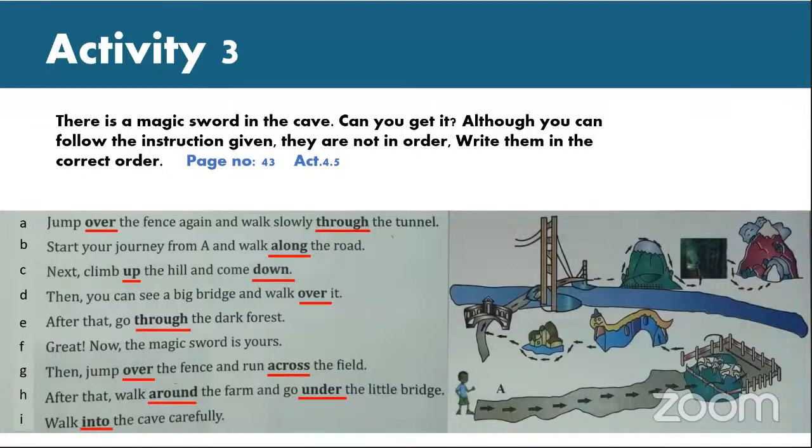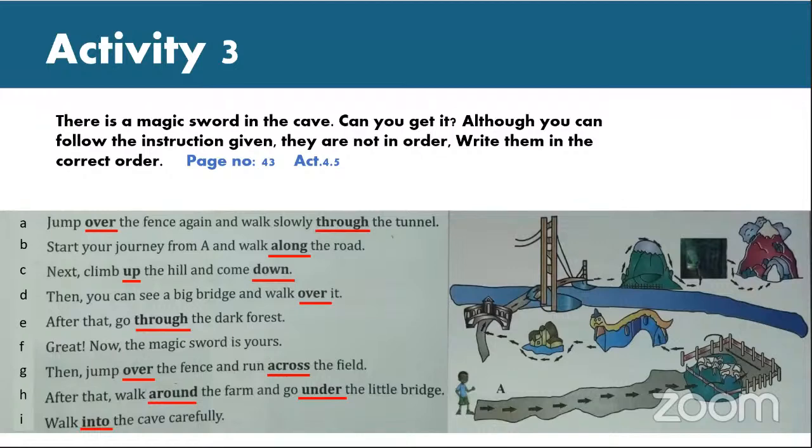Which one comes first? Put your number first. First one, which one? B. Yes. First one, B. Very good. Sandali, you are correct. Mithilai, okay.